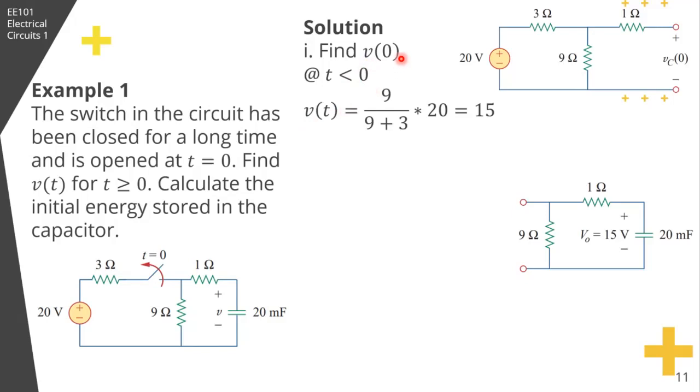Sa to pa, ang voltage sa imong capacitor at time equal to 0, exactly equal to 0, that's also equal to the voltage at time just immediately before 0. As we progress atong lecture, that's denoted as 0 minus. Tapos ang katong time immediately after time equal to 0, that's 0 plus.